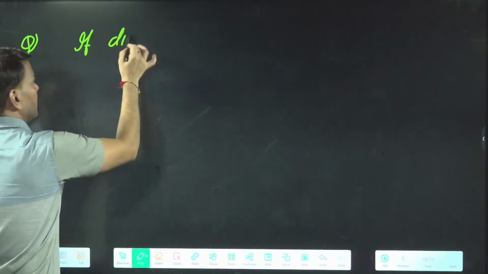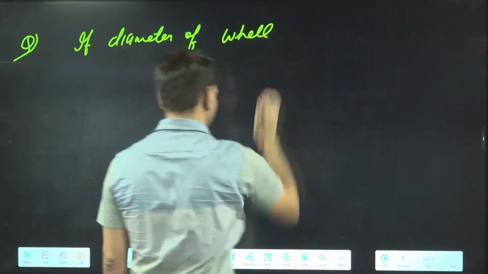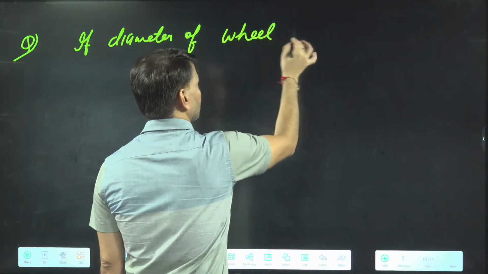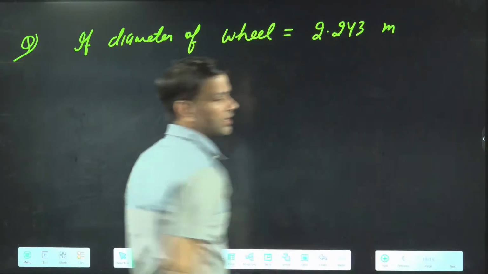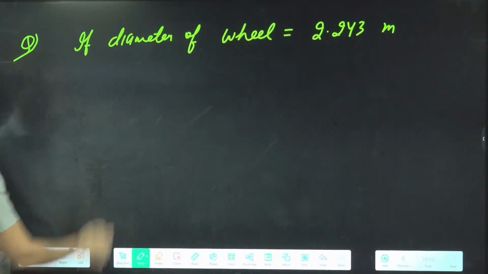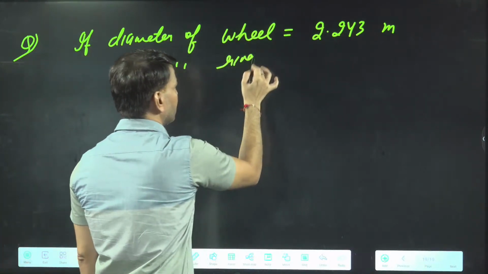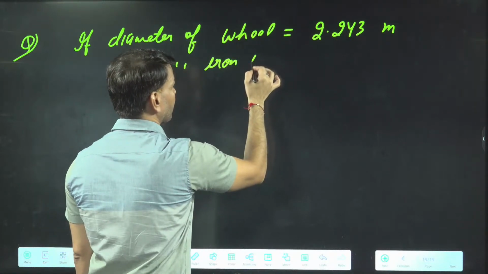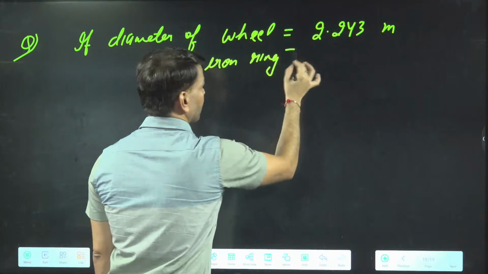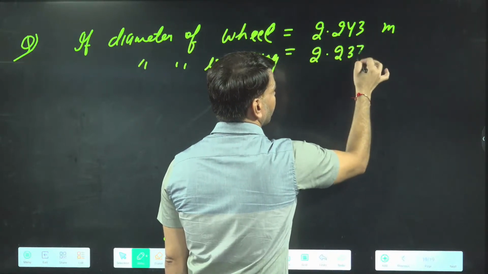One more question we'll discuss. There is a wheel with a diameter of 2.243 meter, and the diameter of the ring is given as 2.237 meter.